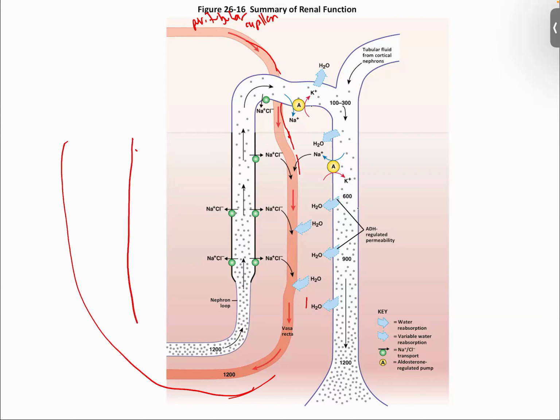So the descending loop is here. So the vasa recta just continues on over here. But you can see how it's a continuation of that paratubular capillary system. So where did the paratubular capillary come from? The efferent arteriole. So that's where it came from. So this is basically coming out of and from the glomerulus. That's where this is coming from. So it basically circulates back into that bloodstream and then heads off to the heart.